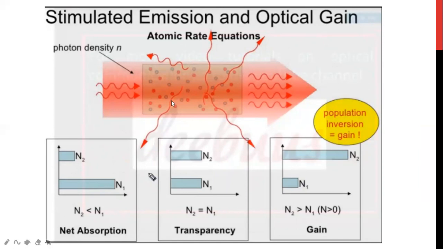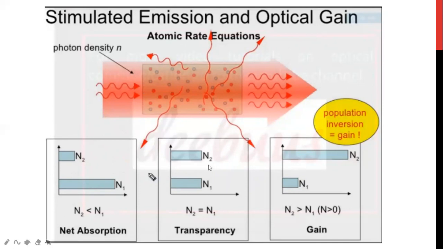When N1 is greater than N2, inside the active region, the net action will be absorption. Most of the incoming photons get absorbed. The loss is high.